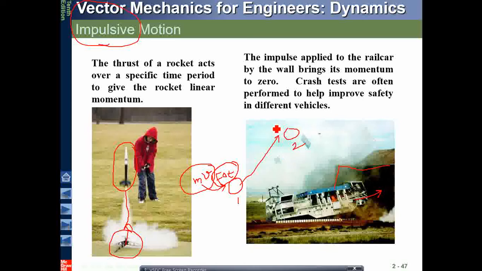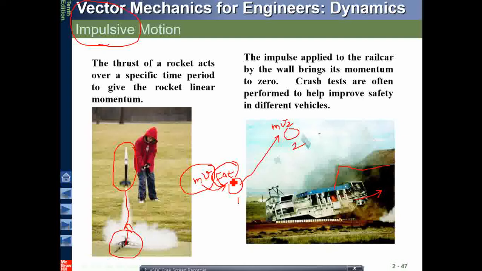At location 2 we will have another momentum mv2. So this equation moves like this: mv1, the mass of the football does not change. It has an initial momentum of mv1, and then a force is applied on this football for a very short period of time.